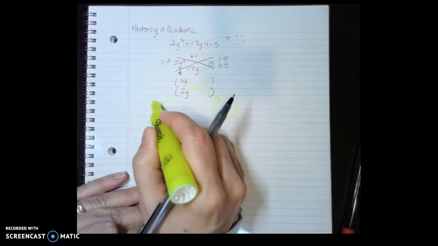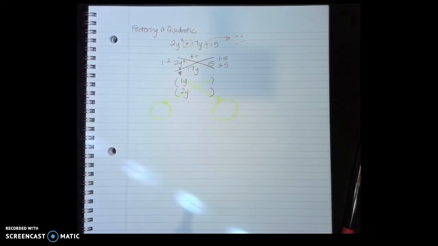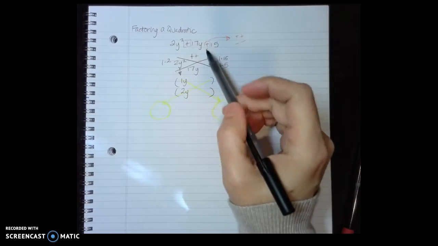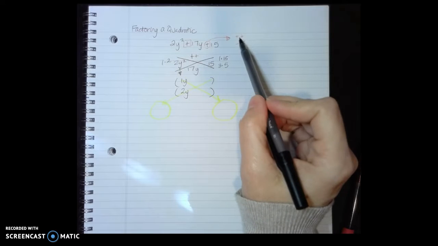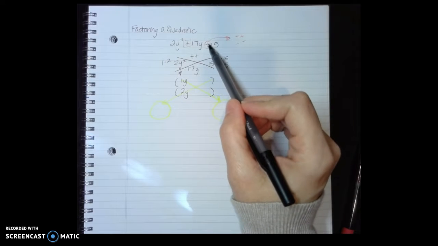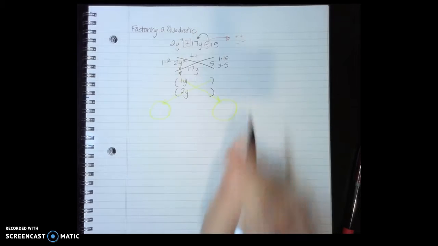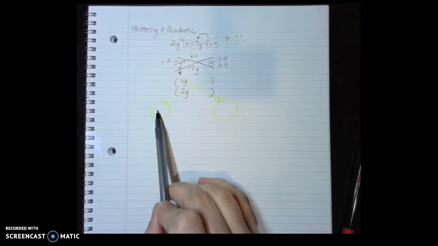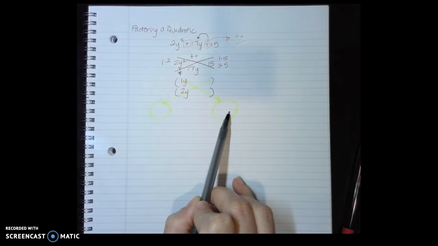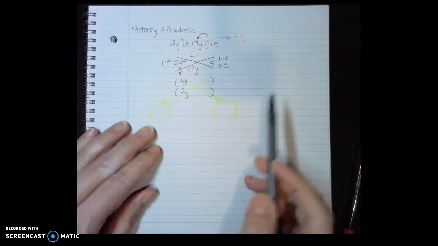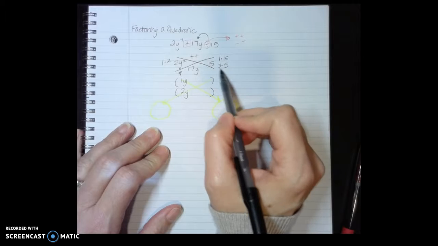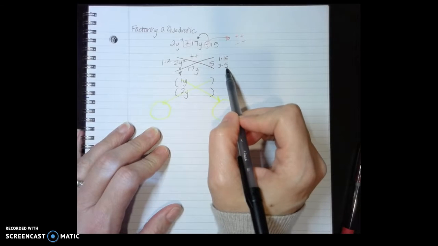And I'm going to get something right here and something right here. So remember, this plus back here says that the signs are the same, but it also tells me that I'm going to be adding to make a 17. So whatever I put here and here, they have to add to make 17. So as I'm going through my choices, I'm thinking about that.